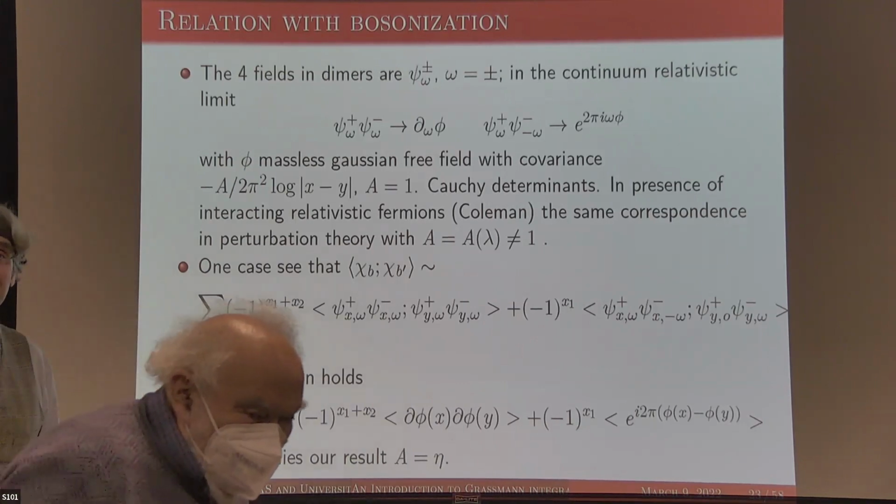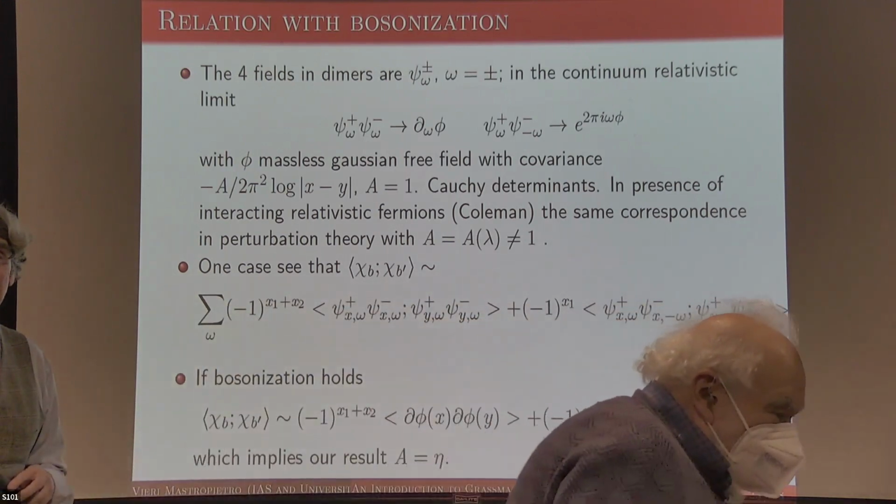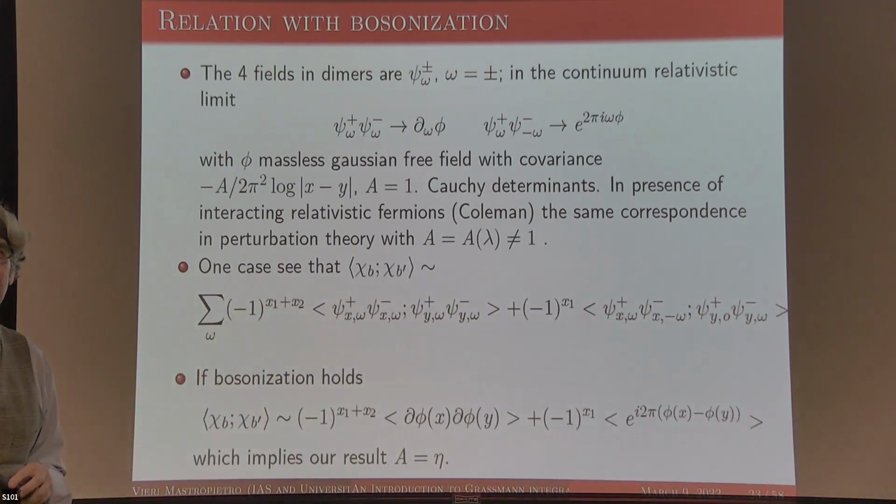Somehow it's a similar thing. Permanent, there are no signs at all. Determinant, you have the signs, and the Pfaffian is the square root. But it's not the same case because they really want to make computations. If you do computation by hand or by computer, you don't want to write down all the n factorial terms.